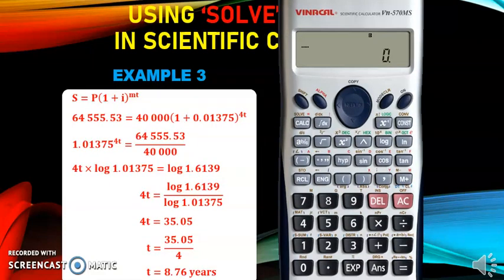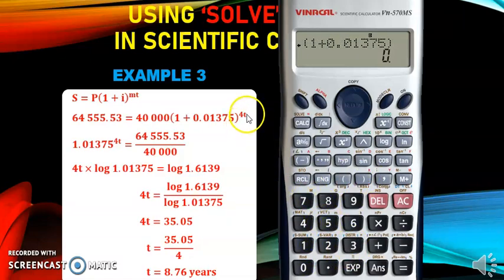Now let's look at the last example, a more complicated formula. Input the values: 64555.53 equal to 40,000 multiply by, open bracket, 1 plus 0.01375, close bracket.